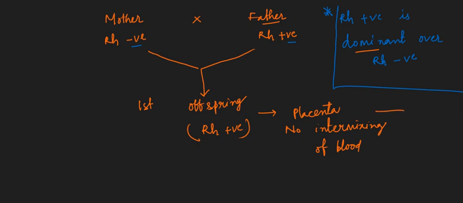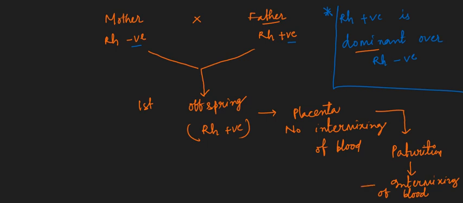What will happen then? After parturition, what do you mean by parturition? Parturition means the delivery of the baby. At the time of parturition, the blood gets intermixed. Intermixing of the mother's and the baby's blood will occur during parturition.